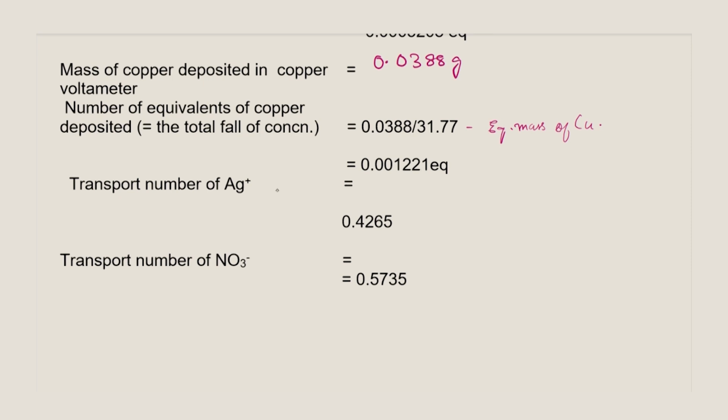0.001221. Now, transport number of Ag plus ions will be equal to x minus y divided by z. Now, what is x?